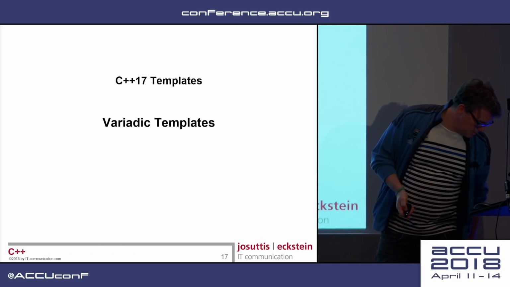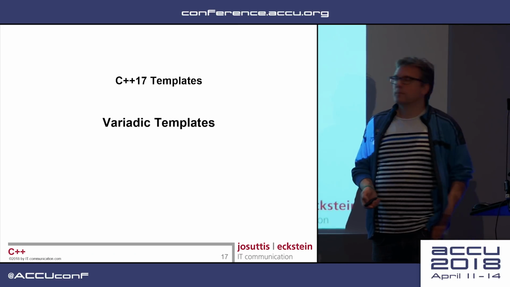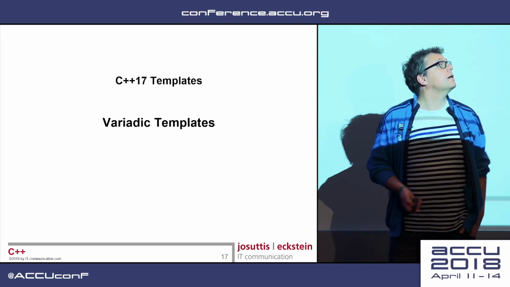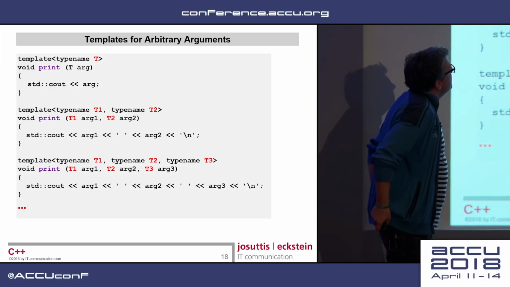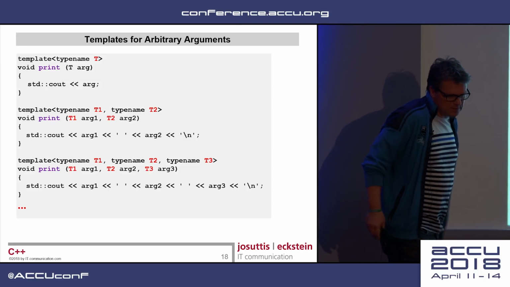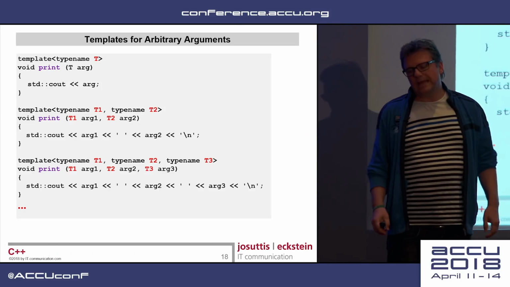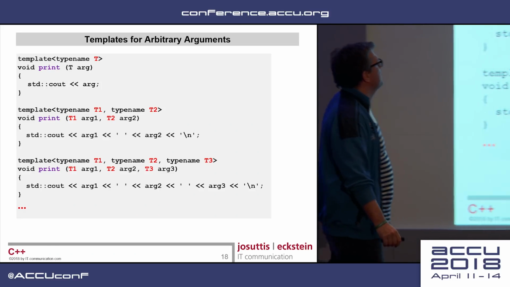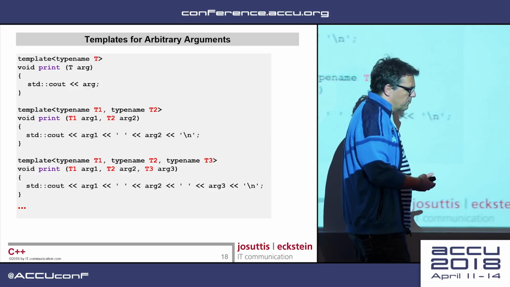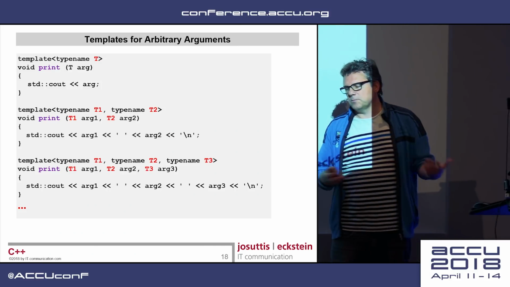So, let's talk about variadic templates. Totally different subject. Let's look. We started in the old template world. We didn't have an ability to have an arbitrary number of template parameters, so we had to overload, sometimes with some tricks, templates for multiple arguments.